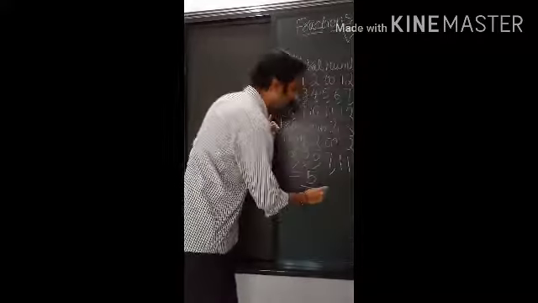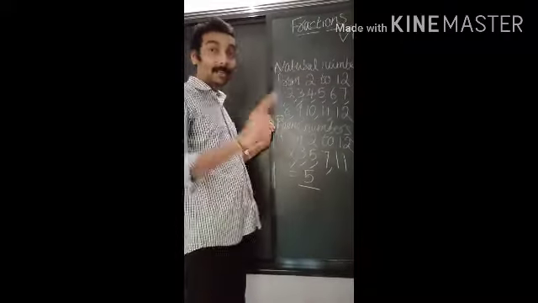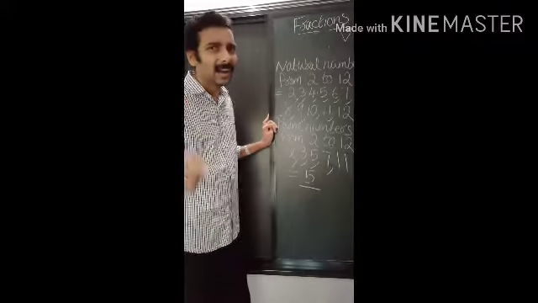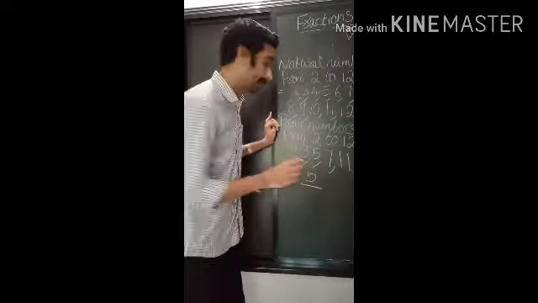5 by total. Total means 2 to 12. How many numbers? Yes, 11.